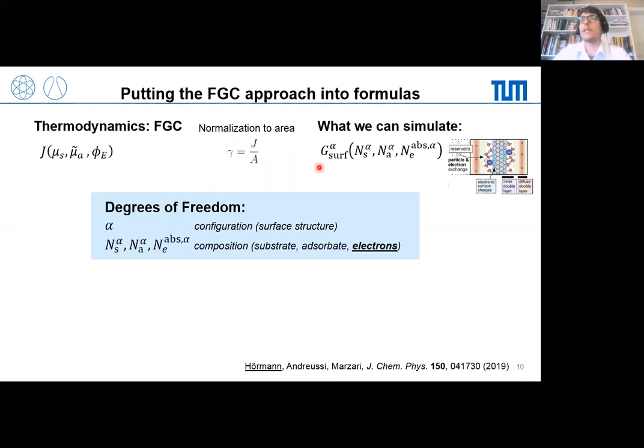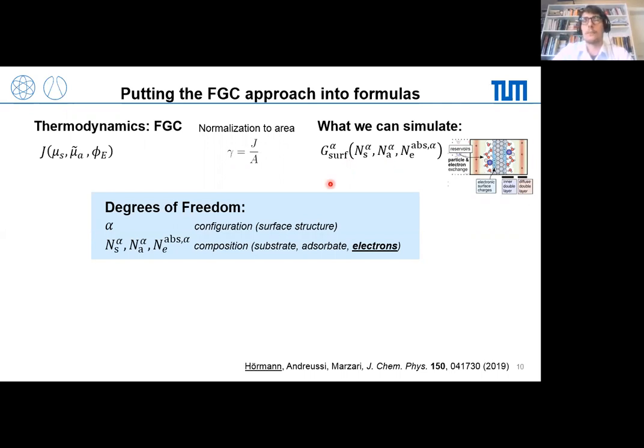And that means fixed particle number of your atoms, but it also means that typically we have a fixed number of electrons in your system. So this is what we want, the grand potential, but what we typically can simulate is rather like a Gibbs free energy, so an energy at fixed extensive variables.